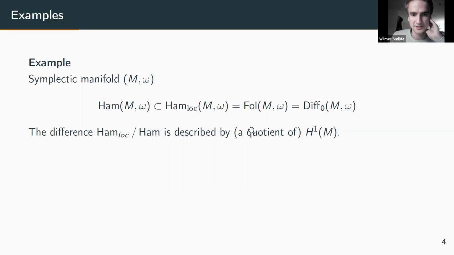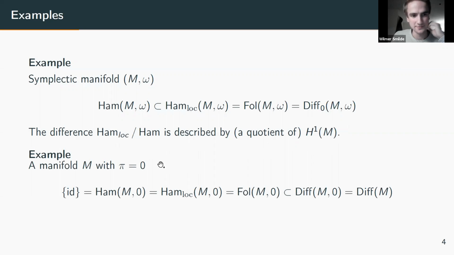And if you look at these other subgroups, the locally Hamiltonian ones actually coincide with this. And here, the foliated ones are in between. And there's not much going on this side. By the way, this should be the identity component of the foliated diffeomorphisms. And the difference between the Hamiltonians and the symplectomorphisms is governed by the first cohomology.